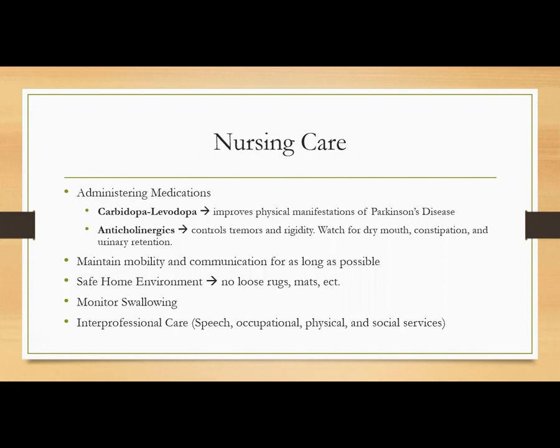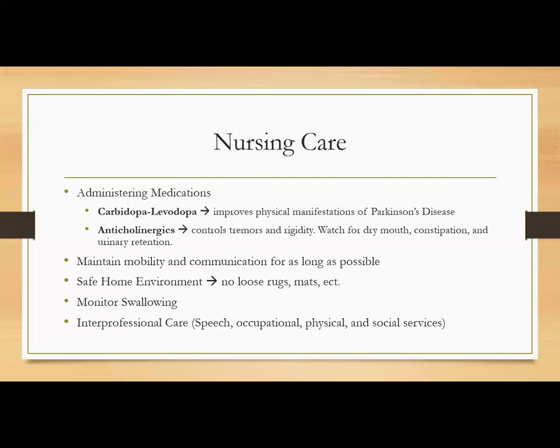Basically, in a nutshell, it improves the physical manifestations of Parkinson's disease. It's a combo drug because it helps us actually get the medication through the blood-brain barrier, and it allows them to receive that dopamine to help with those physical manifestations. So levodopa is an important one.